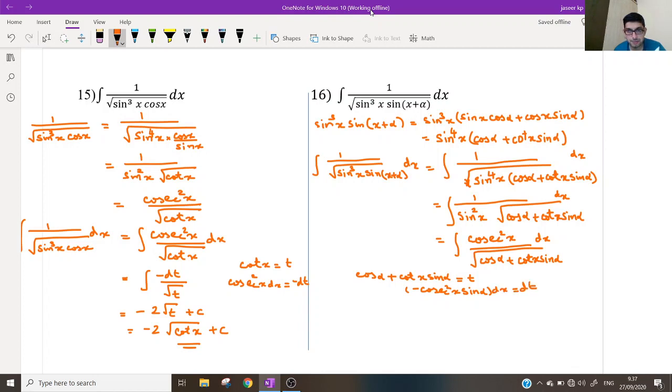So that means cosecant square x dx, which is there in the integrand, we'll take the remaining to the right hand side, so it will become minus 1 by sine alpha dt.